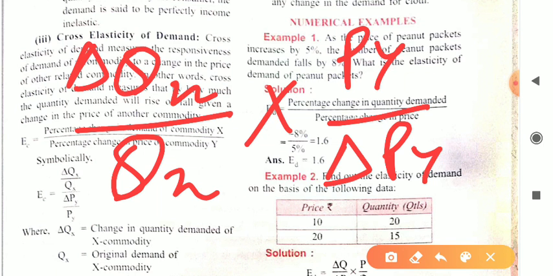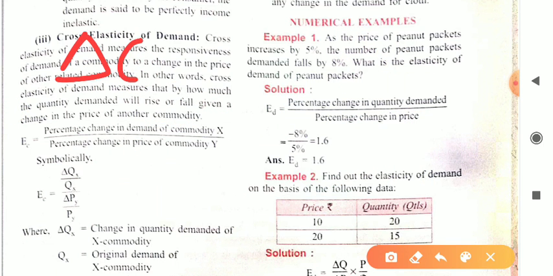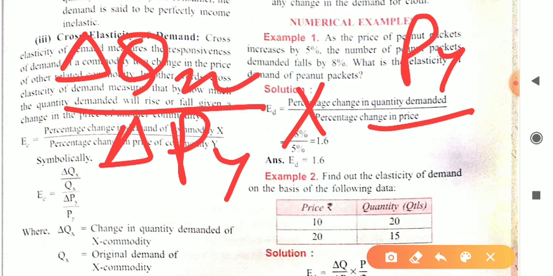By interchanging this, you can simply write delta Qx divided by delta Py into price of Y divided by quantity of X. So this is the formula of cross elasticity of demand.